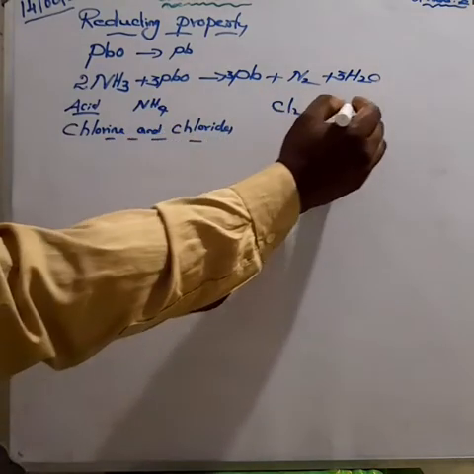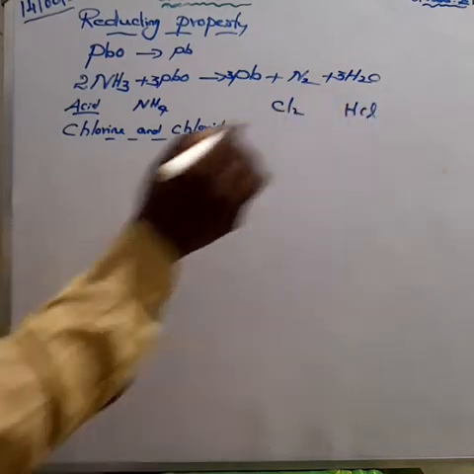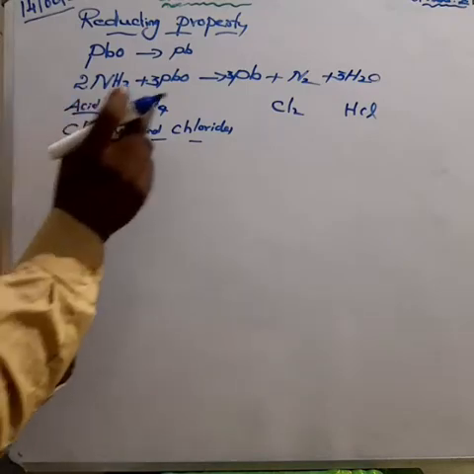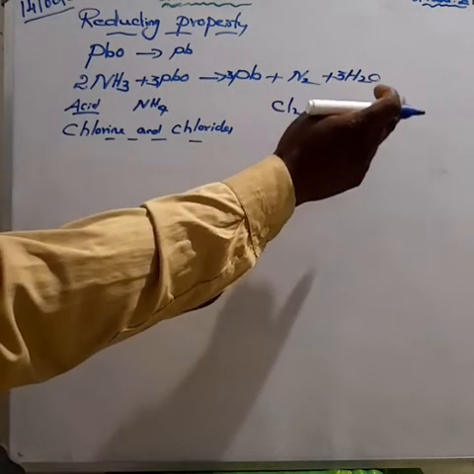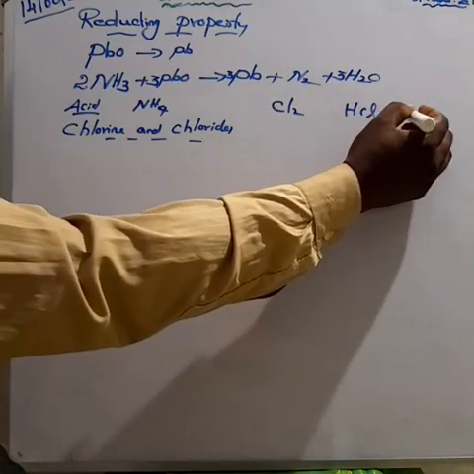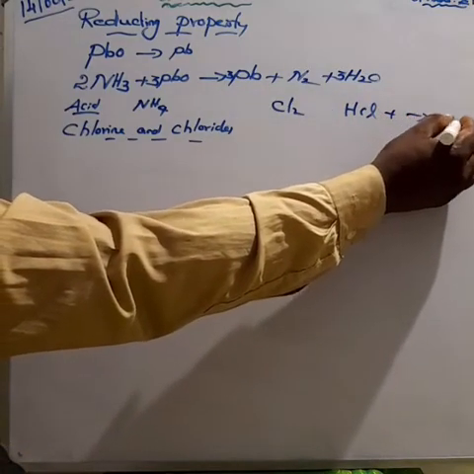Chloride we can take as HCl, hydrogen chloride. So when ammonia reacts with chlorine, we get hydrochloric acid. This hydrochloric acid on reacting with ammonia gives ammonium chloride.